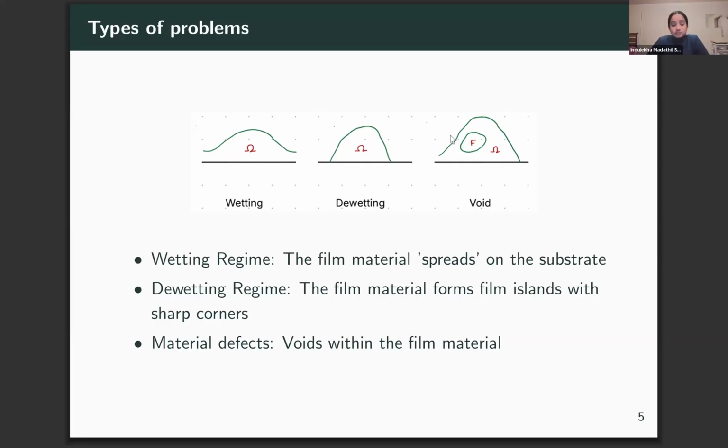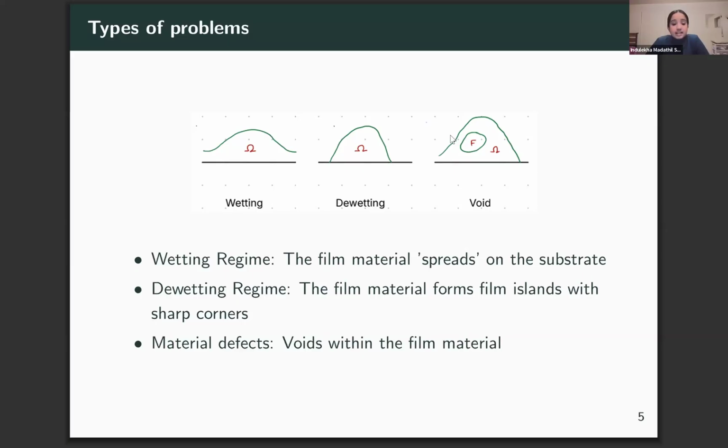The growth of thin film problem can be looked at as wetting, de-wetting, or void problems, depending on the morphology of the film on the substrate.